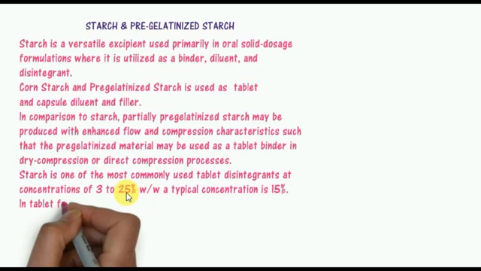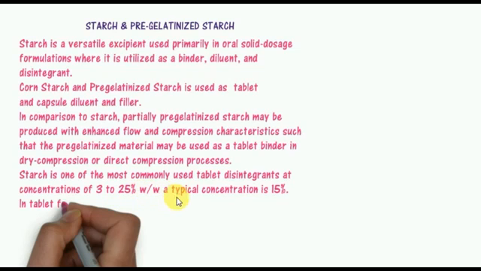for example, if you use 10% and a single tablet weight is 100 milligram, then 10% of 100 milligram will be 10 milligram. So in this tablet formulation, if the weight of a single tablet is 100 milligram, we will use 10 milligram of maize starch.